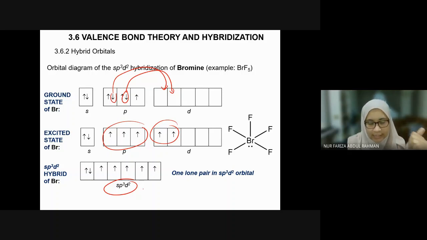You can see there is a filled orbital. It still combines s, p and d. So this is the hybrid form, and as you can see we have one filled orbital, which represents the lone pair of the central atom. The fluorines will overlap here, the 5 fluorines.